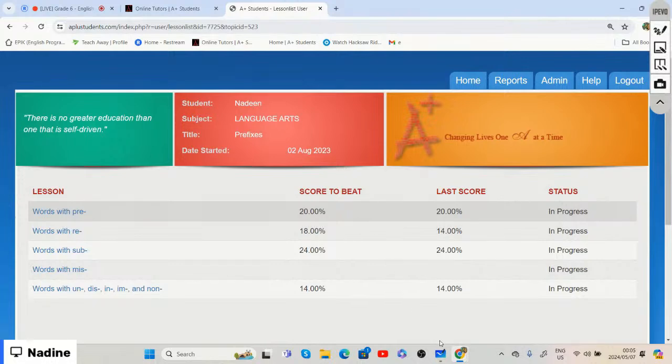All right. So in our previous lesson, we did prefixes, right? We specifically focused on words with pre, and we also focused on words with re. That was in our previous lesson.